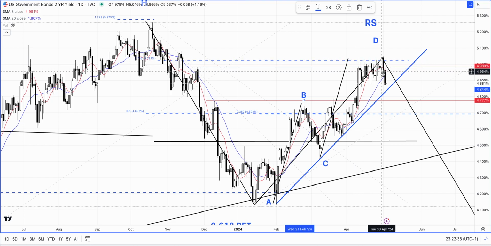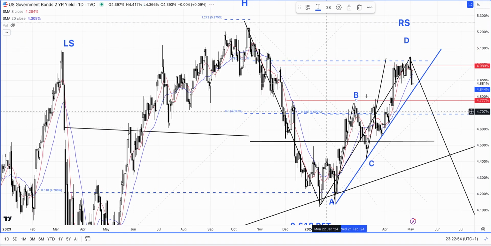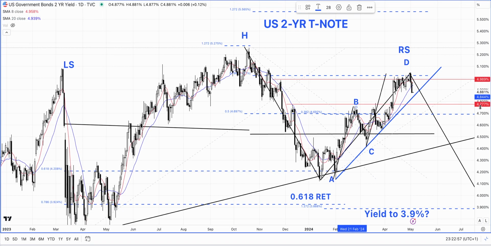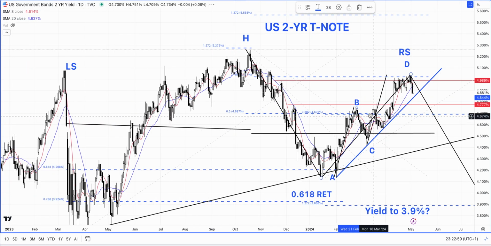5.037, and I believe the high has been 5.046. So the ABCD really did its job pretty well. And if you look on the left-hand side, there's some structural resistance around here as well. So if this happens to be a recovery high, it's going to be below this, and in addition we have two confluence levels coming in, the 78.6% retracement and this ABCD pattern formation.